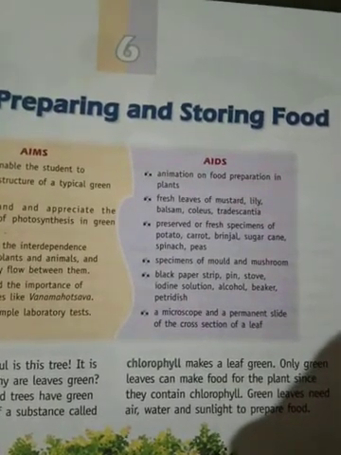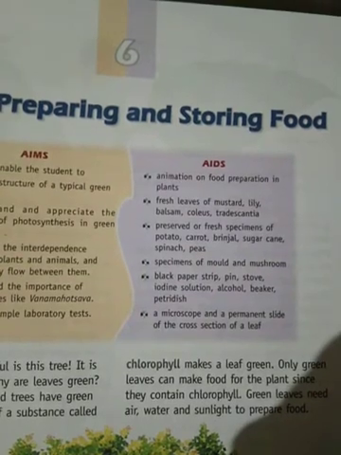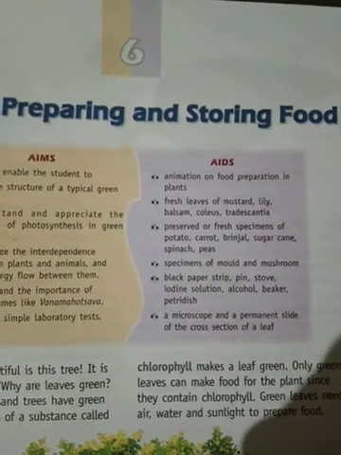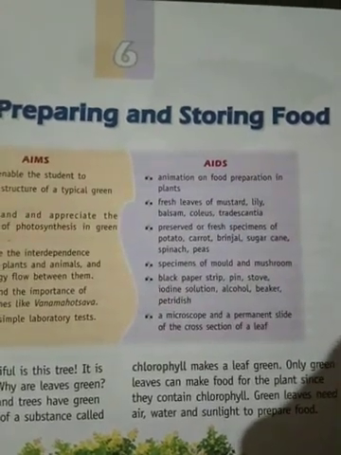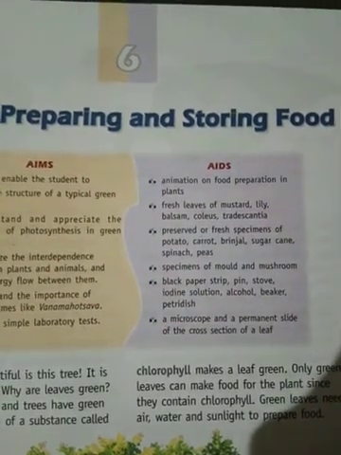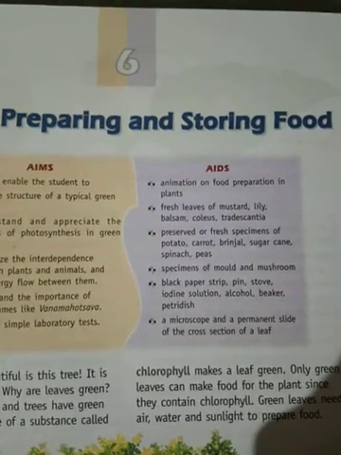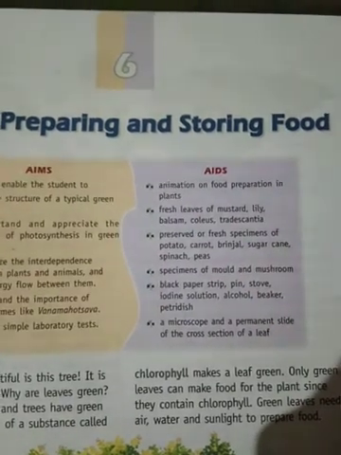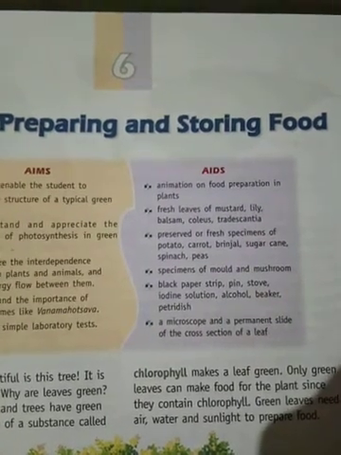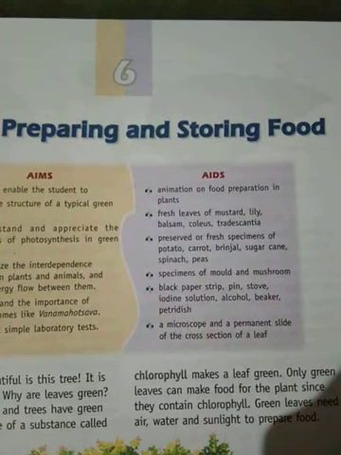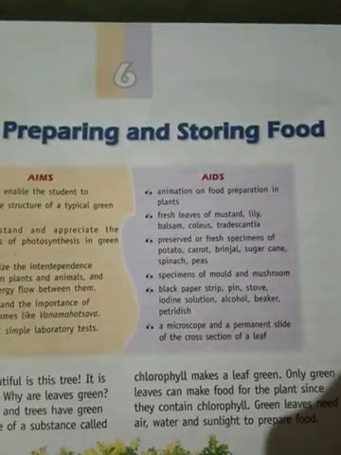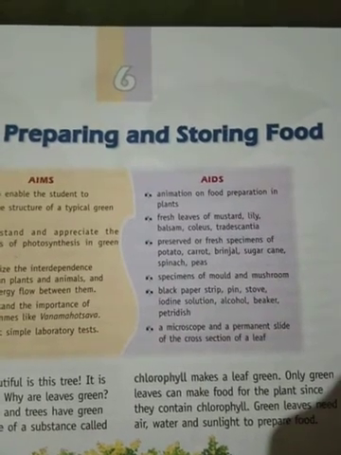Then these are the aids that we need. The first, animation on food preparation in plants, which at present is not possible for me to do in this video because I have no such arrangement. Next, fresh leaves of mustard, lily, balsam, coleus, then tradescantia. These are the plants whose fresh leaves we need for doing the laboratory tests.